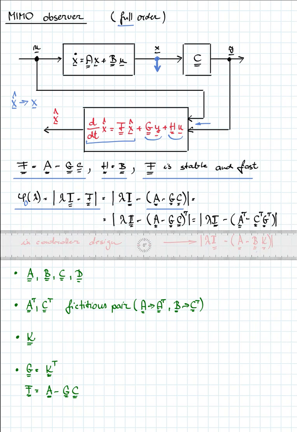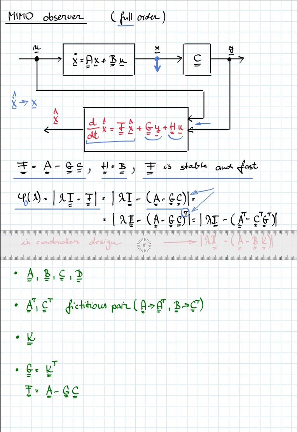And next I am going to take the transpose of this matrix, but if we take the determinant of this matrix, we are going to get the same eigenvalues as in the last case. So the eigenvalues from here and the eigenvalues from here are the same. So the transpose is not important in this case.